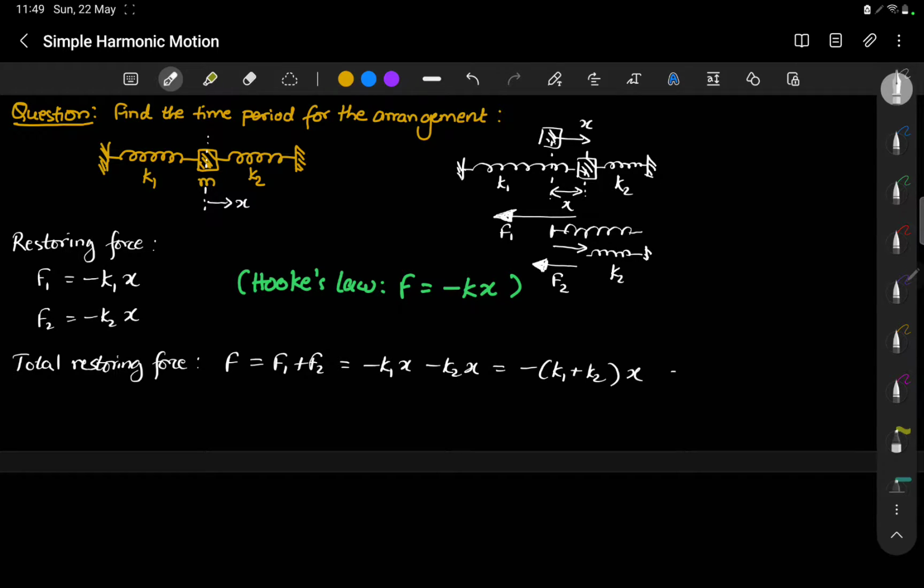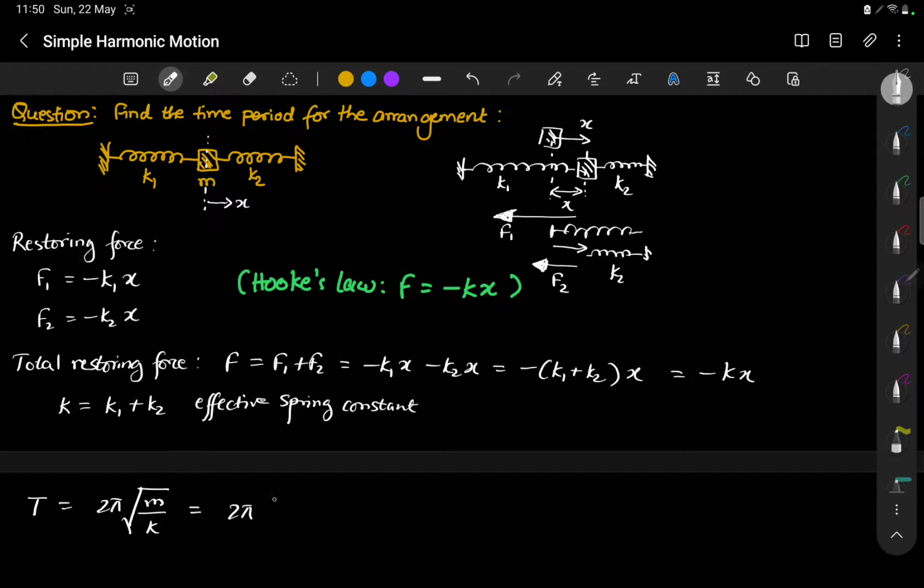Now from Hooke's law, we know that the restoring force F is minus kx. So from this expression, we come to know that the effective spring constant is k1 plus k2. So the effective spring constant is k1 plus k2, and hence the time period T is 2 pi square root of m over k, k being the effective spring constant.